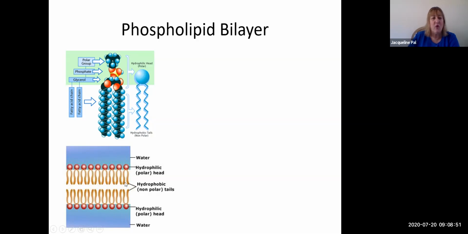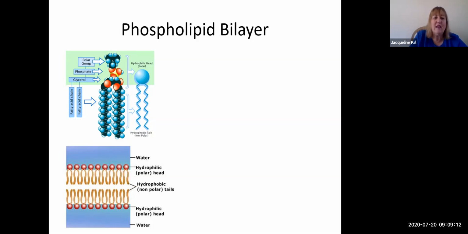So we have one layer of phospholipid molecules and a second layer. This is our phospholipid bilayer, where we have a watery environment on one side and a watery environment on the other side. And where the fatty acid tails are, there is no watery environment.